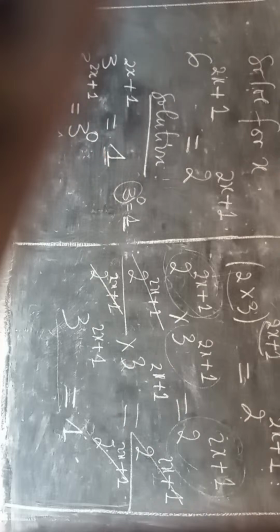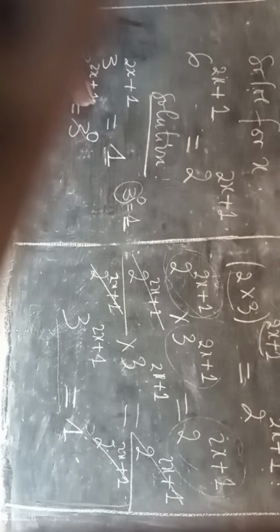Now, let us find the final solution. The final solution will be, we have the similar base, we have to cancel them, and we have to write their power. We have 2x plus 1 will be equal to 0.